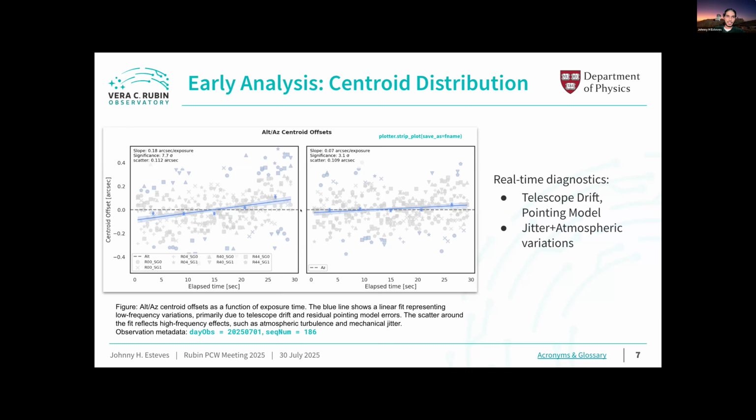We also saw it on the last image, but it's worth pointing out that the scatter is related to the jitter of the mount and the atmosphere. And the telescope drift is related to more low frequency time variations, like the telescope tracking errors and pointing model errors.